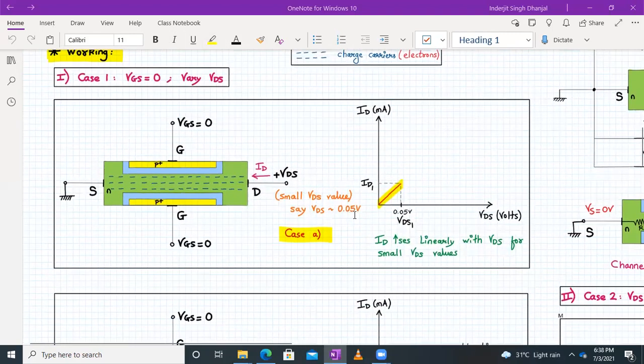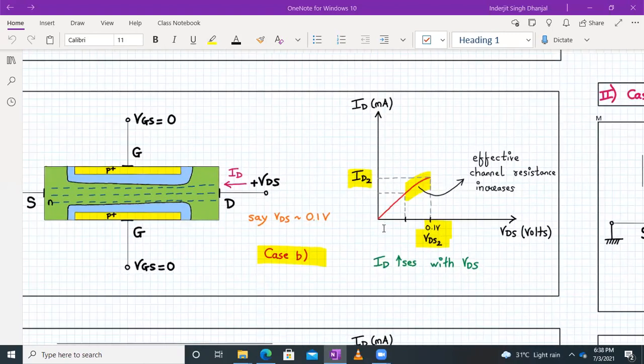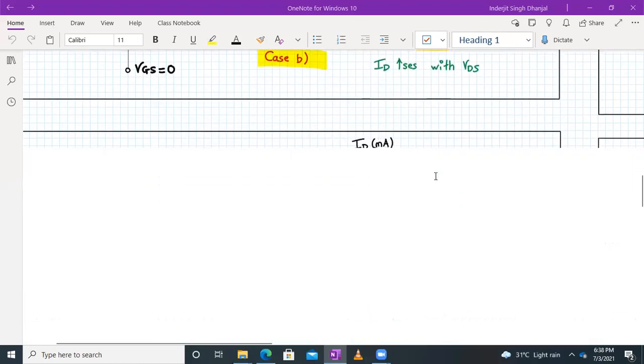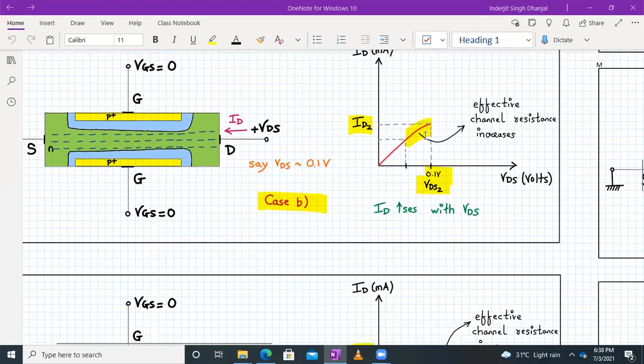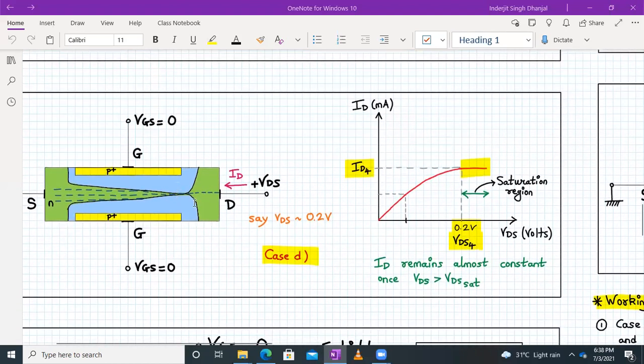So we have seen that there is a linear increase in current, and then due to the effective channel area reducing and the channel resistance increasing, there is a fall off in slope. This continues until a condition is reached at the drain end where the channel is almost very small.